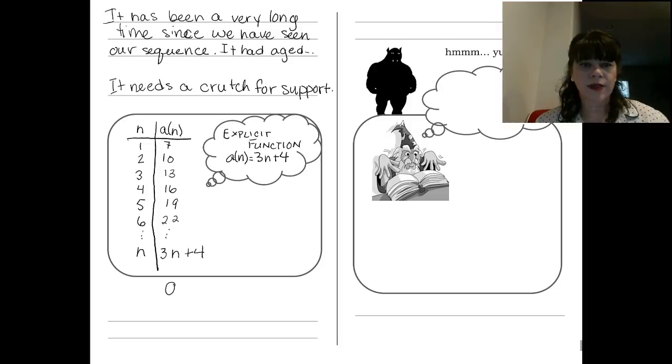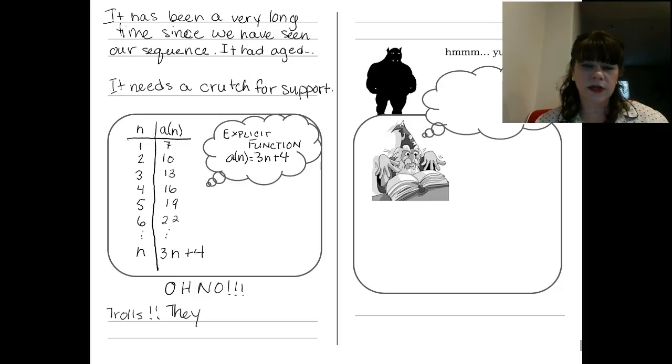But wait, what's that off into the distance? Oh no, what is that coming? Trolls! Trolls, they're the worst. You remember in the last story, our beautiful arithmetic sequence became a graph and we could see all of its points.